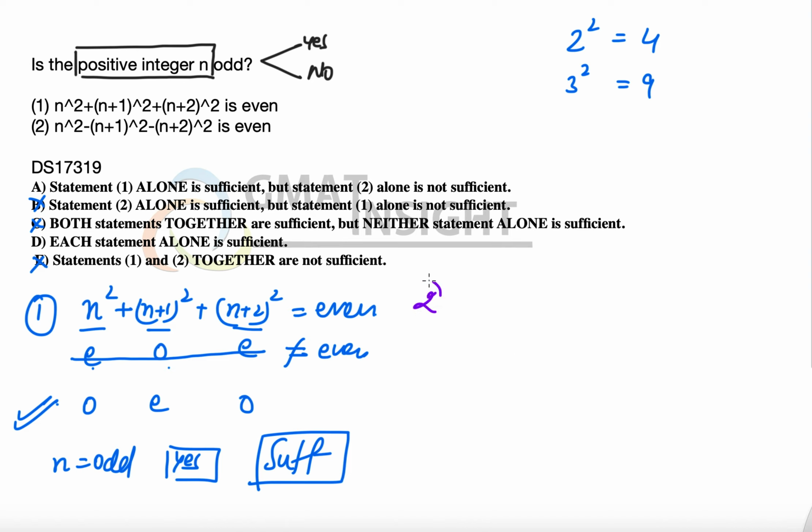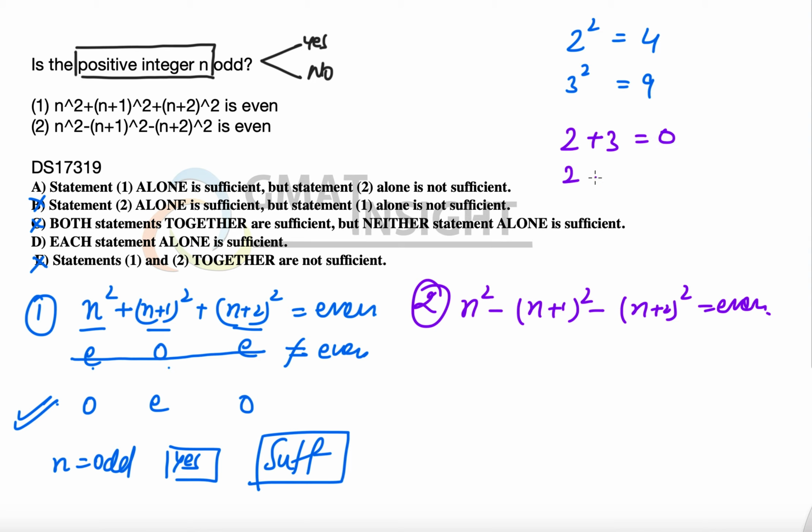Let's look at the second statement, which says n squared minus (n plus 1) squared minus (n plus 2) squared is even. Now, let me tell you one thing: whether you add an even and odd number, or whether you subtract an odd number from an even number, or vice versa, the property of the result in terms of being even or odd does not change, right?